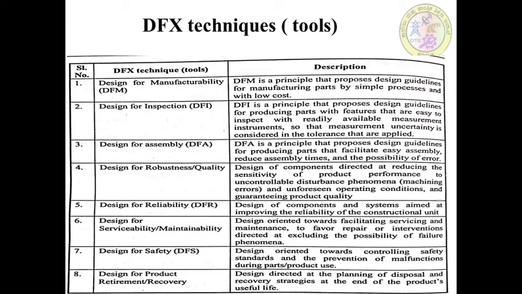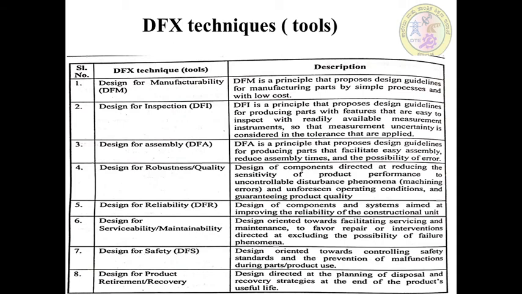And coming to design for robustness, that is quality. Design of the component is directed at reducing the sensitivity of product performance to uncontrollable disturbing phenomena, machining error, and unforeseen operating conditions, and guaranteeing product quality.